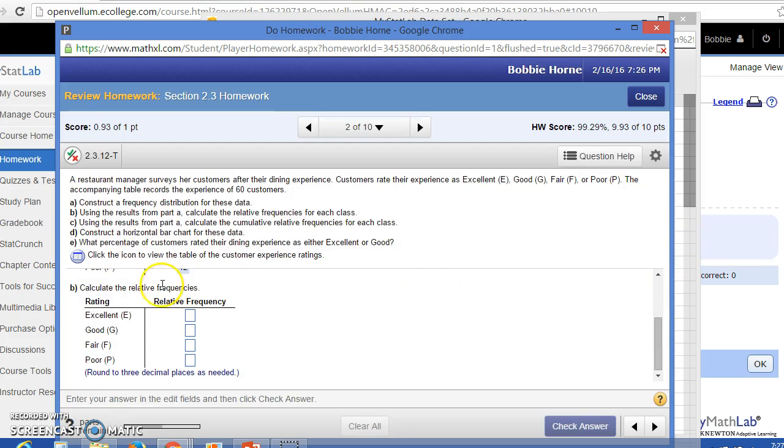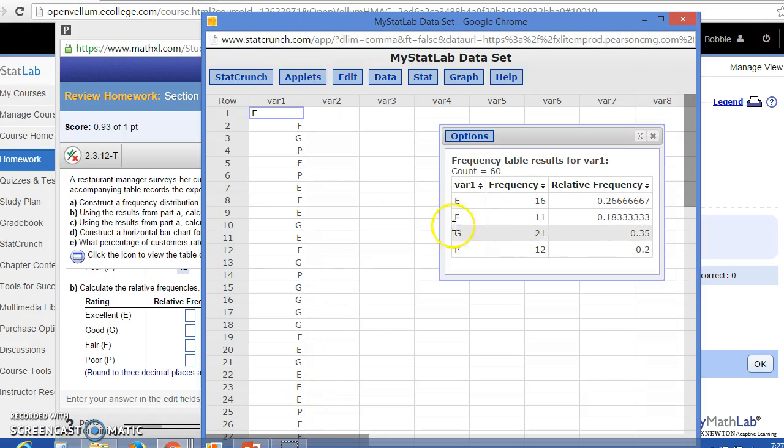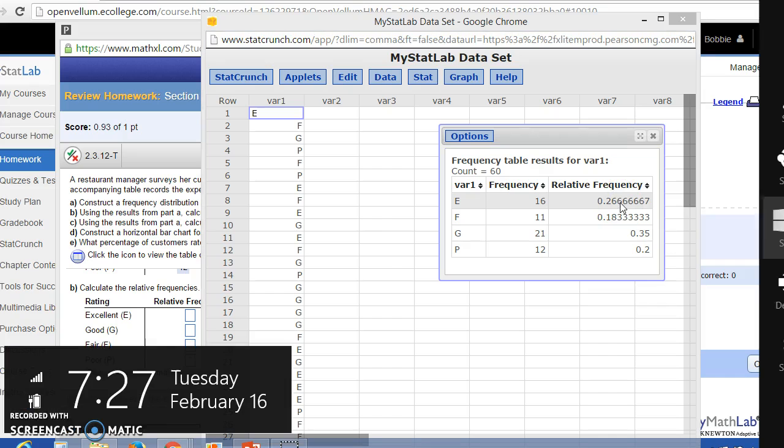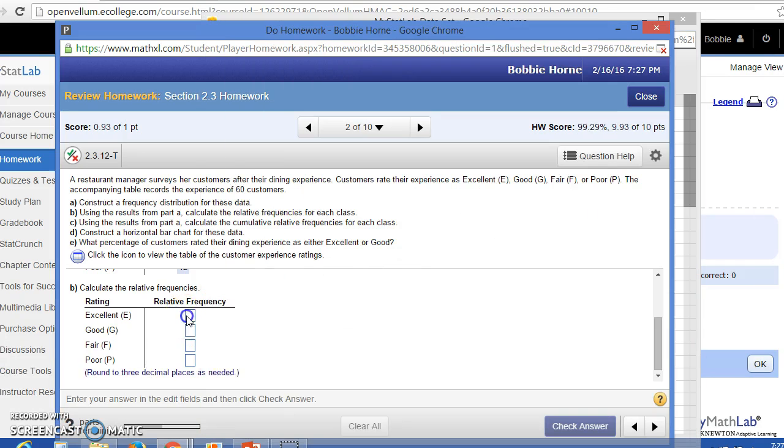And on the next part, it wants us to calculate the relative frequency. So if we go back to our table, we already have the relative frequency calculated. We need to round it to the nearest thousandths. So for excellent, it would be 0.267.